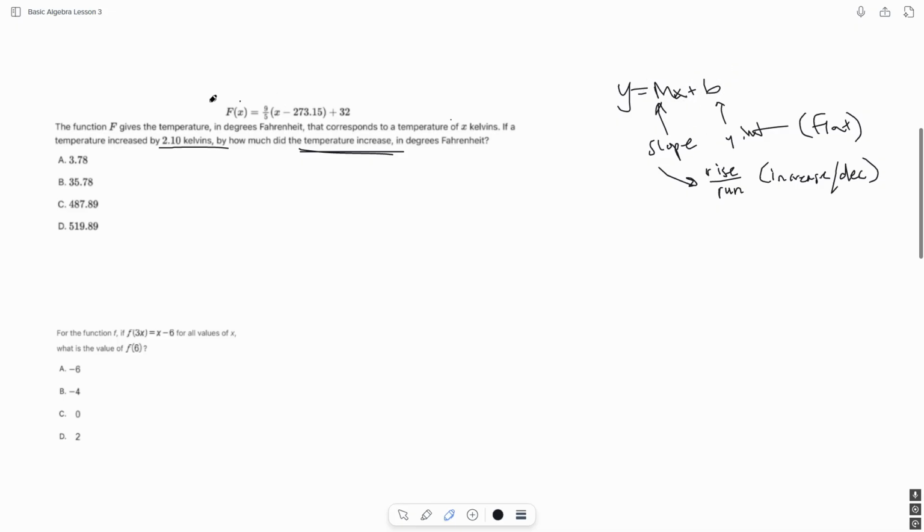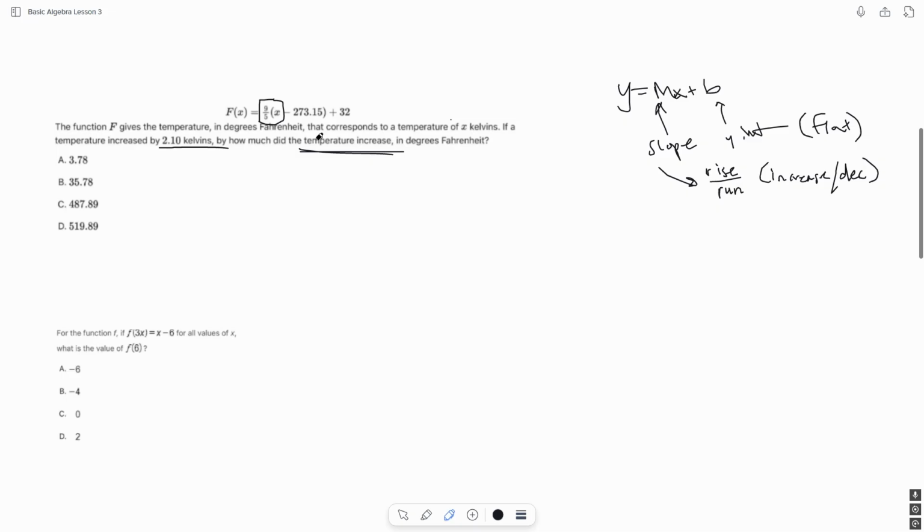So let's say you have this equation, right? The only thing you need to pay attention to when it says by how much did the temperature increase is this right here. Everything else is just a flat number. It does not change how much it increases because this is going to stay static.